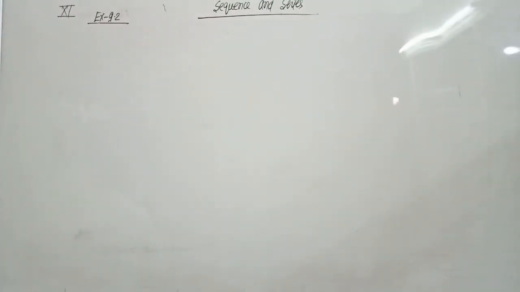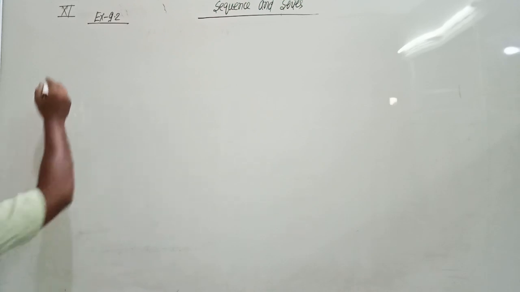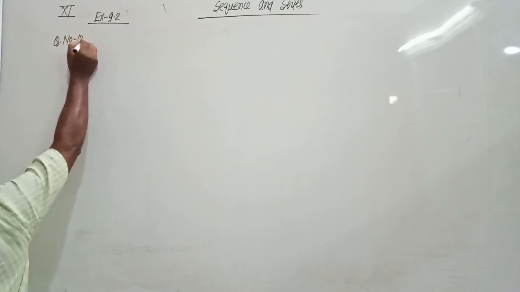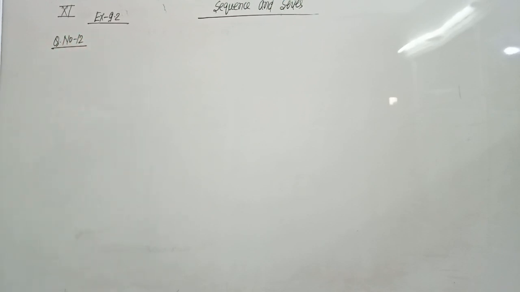Then question number 12. The ratio of the sum of m and n terms of an AP means Sm upon Sn.